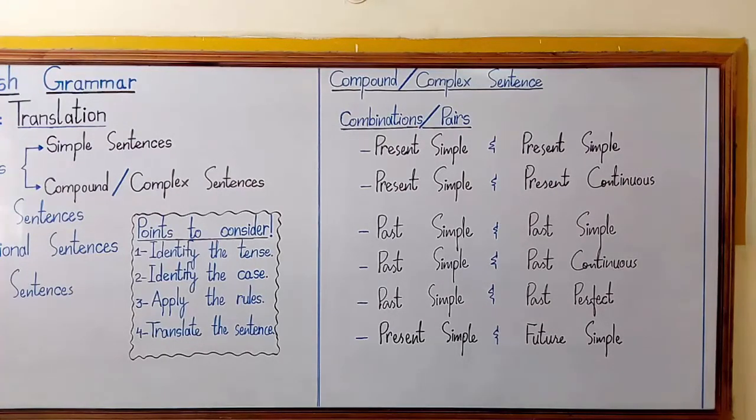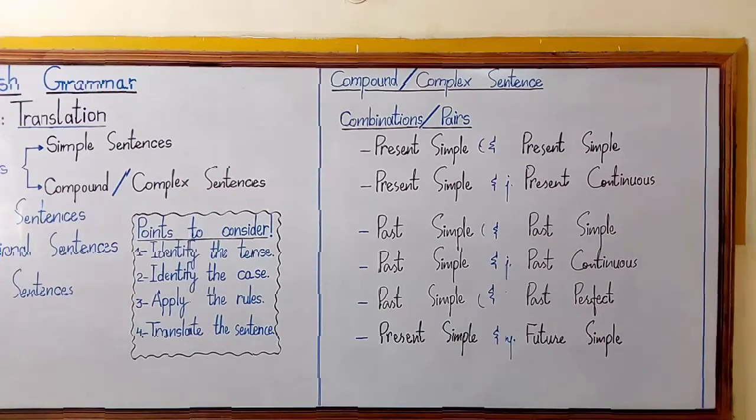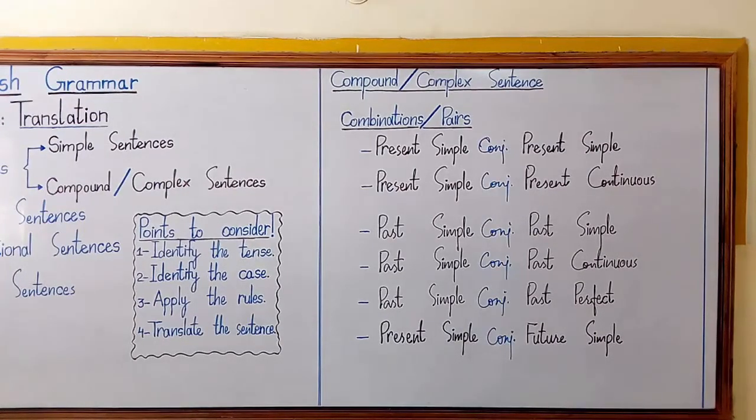So here, what I have written on the board, you may consider them conjunctions. Okay, fine. I will change this and into conjunctions. Here you are. Now it is pretty easy for you to understand what I actually mean by pairs or combinations.